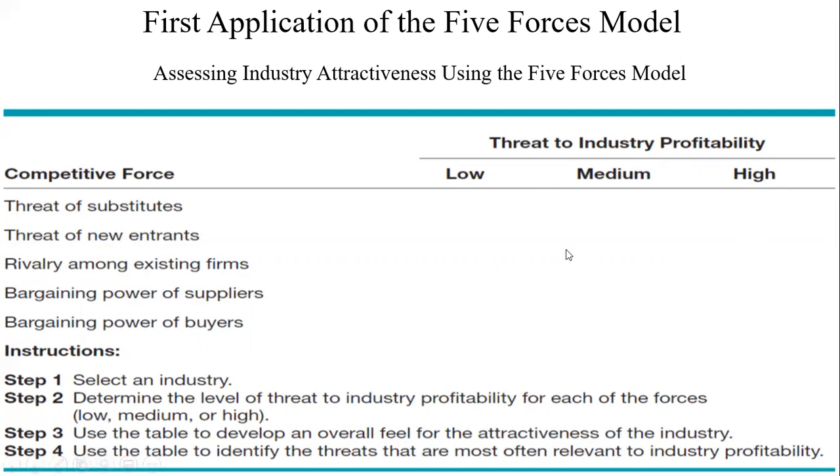However, if you score 1 throughout, so 1 times 3 is 3, then it is quite realistic for you to venture into that particular industry. So this is how the five forces model of Porter can be used to assess the attractiveness of an industry based on the score that you get over here.